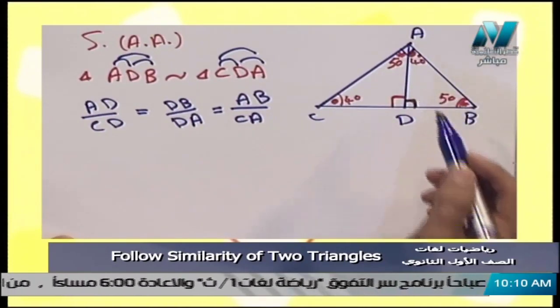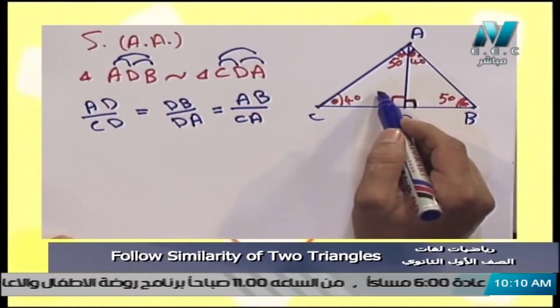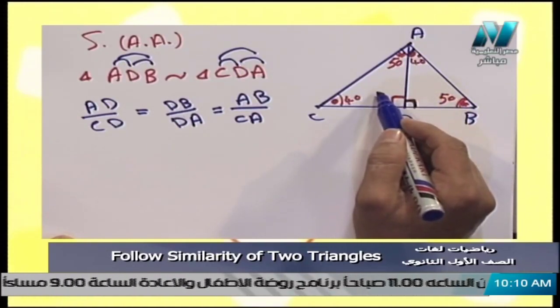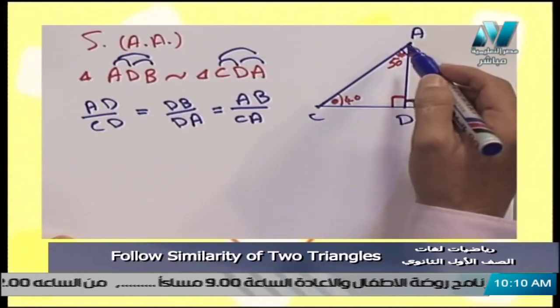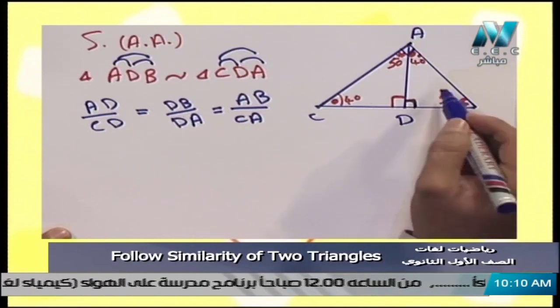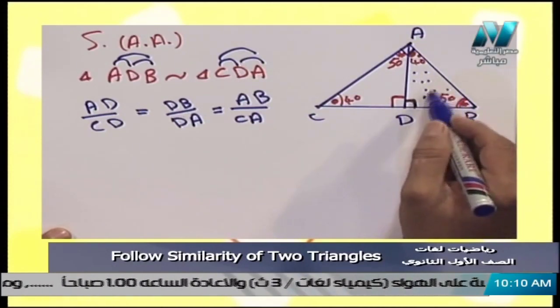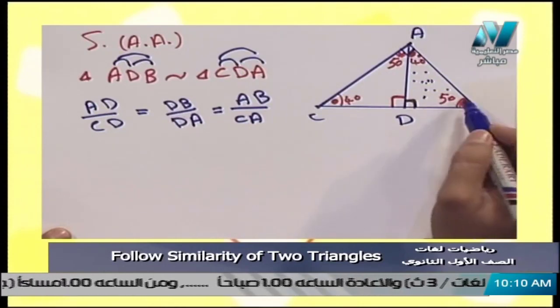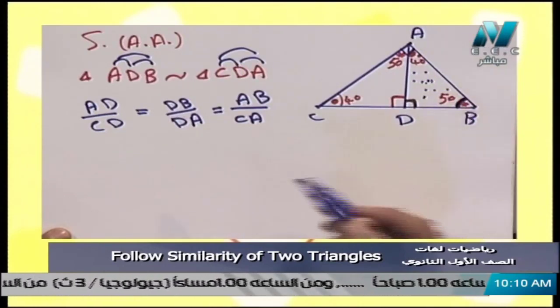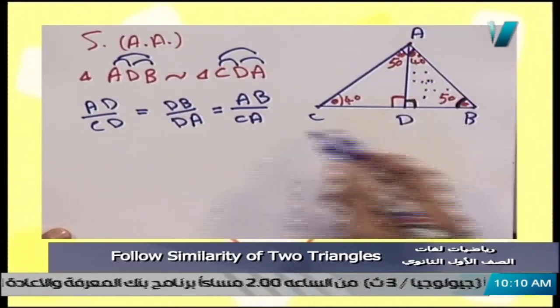Also, each of these two triangles of course will be similar to the big triangle, the whole triangle ABC. Why? If we concentrate on the triangle ADB, we will have the angle B is common between triangle ABD and triangle ABC, of course.